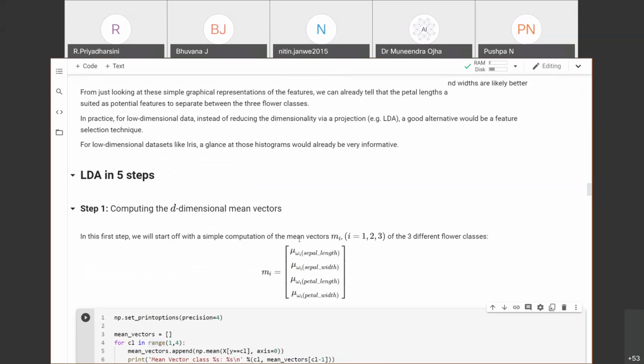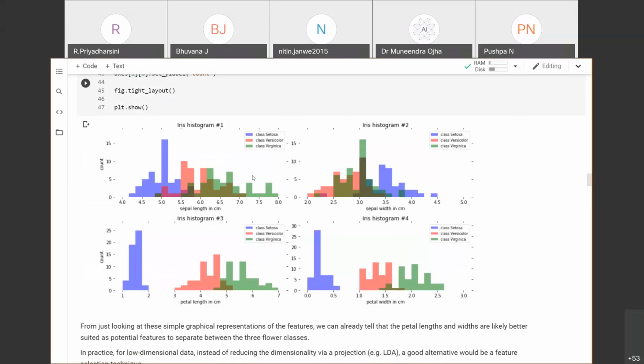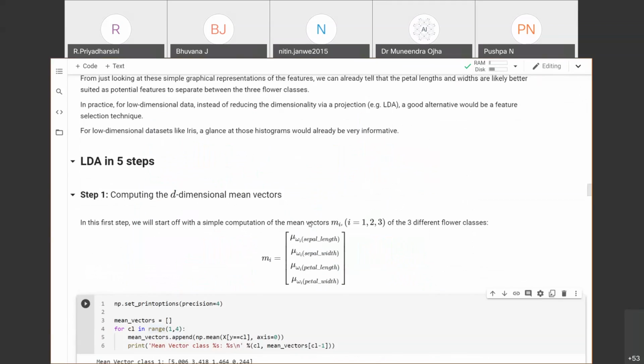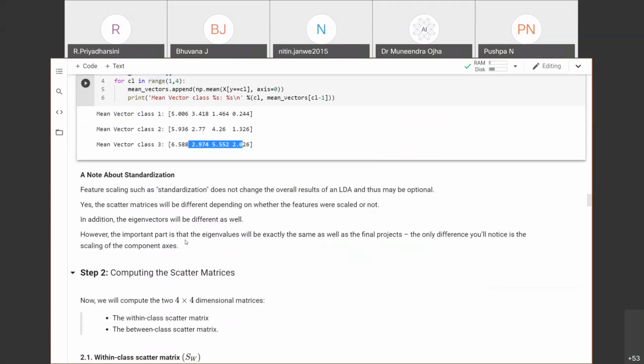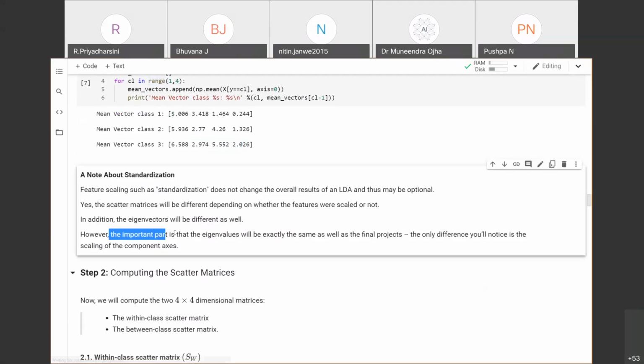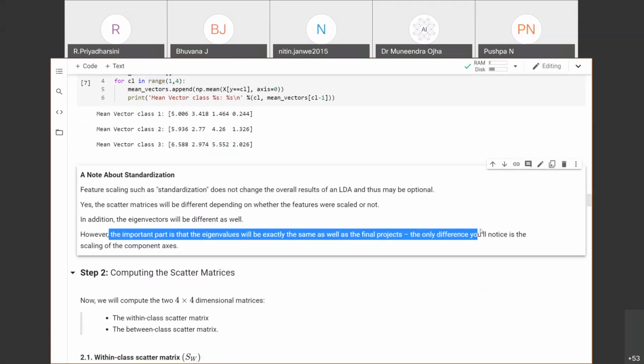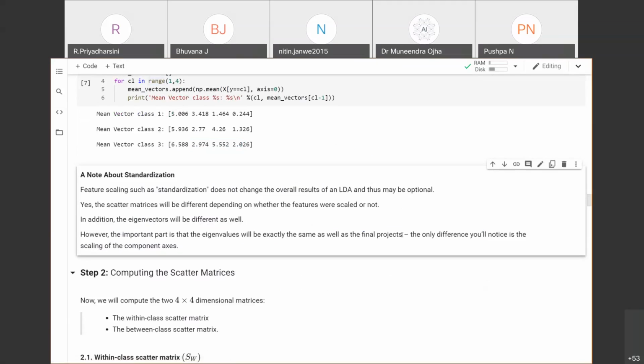Of course, the matrix that we have will also be different if we standardize or scale. However, the overall result will not be affected much. The important part is that the eigenvalues will be exactly the same, as well as the final projections. The only difference you will notice is the scaling of the component axis.